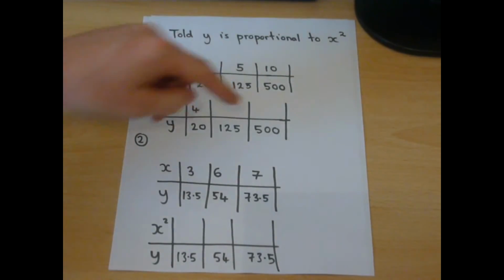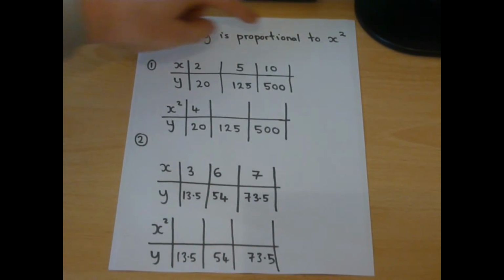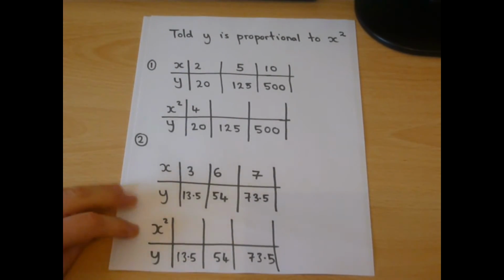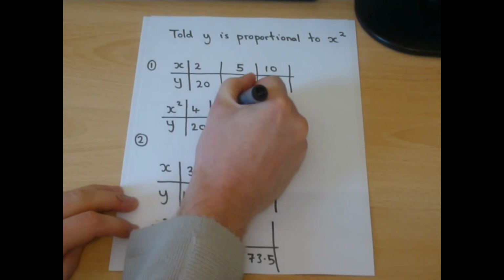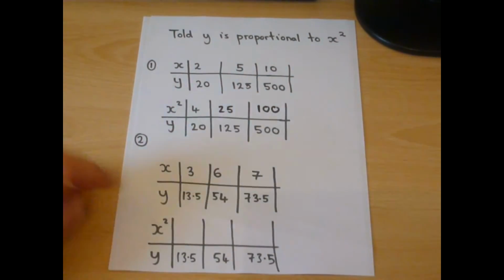There's not a pattern. As before, the pattern changes, but if we work out x squared, so 2 squared is 4, 5 squared is 25, 10 squared is 100, that is where the pattern lies.